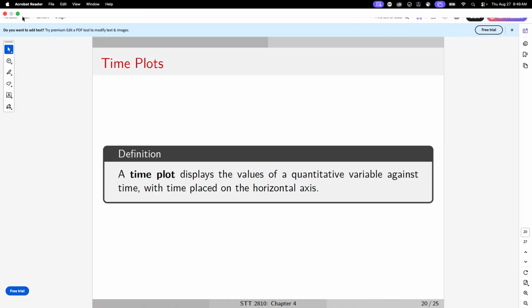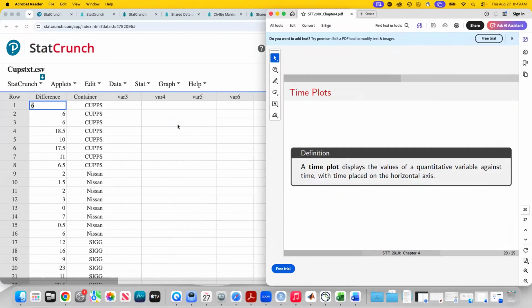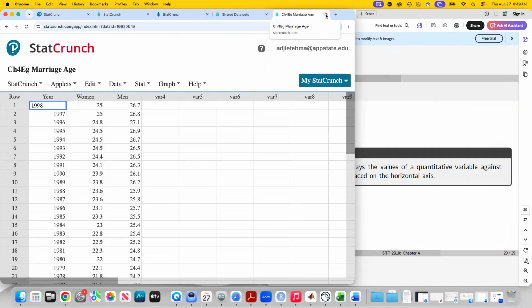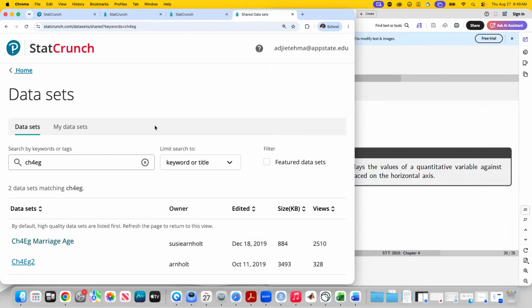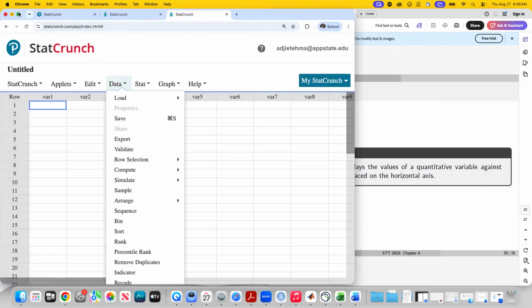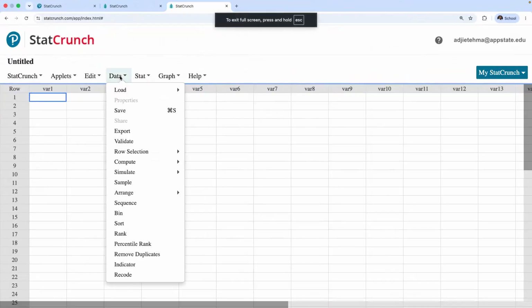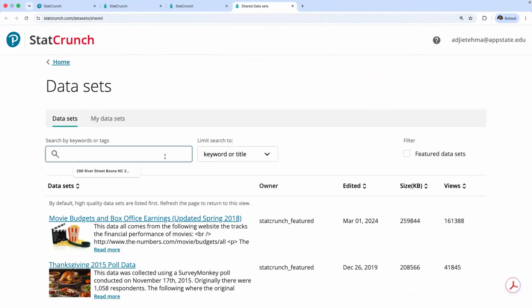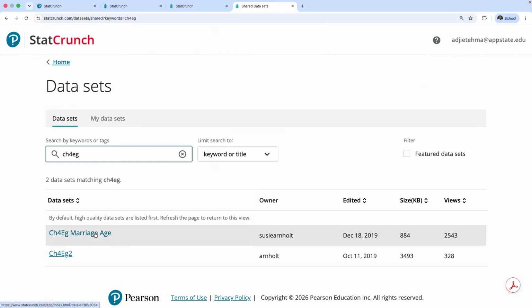So let's go to StatCrunch and load the marriage data set again. So let me close this. I have my marriage data set, but I'll try to load it again. So we go to data, and then we go to load shared data set, and then we put in CH4 EG, and then this one comes up.